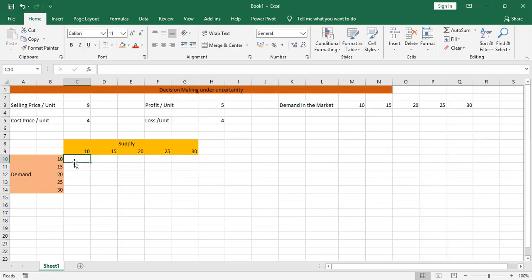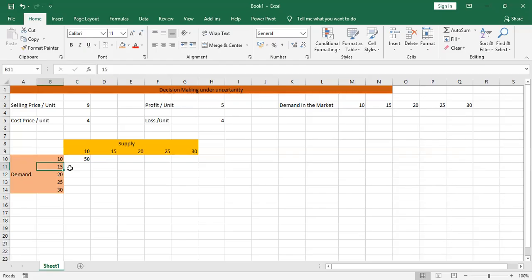I'll get how much profit? 50 rupee profit I will get. Why 50 rupee of profit? Because I get profit on 1 unit is 5, on 10 units that is 50 rupee. If I supply 10 units and demand is 15, then I can give only 10 units.